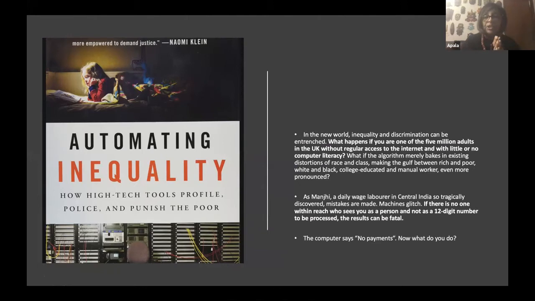Virginia Eubanks, who's a political scientist, very well regarded around the world because of this seminal work, looks at different systems that have been designed, and the way those systems have been designed takes for granted a certain way that end users are going to behave. End users are going to be familiar with a certain set of things, a certain mental model, which is all not correct.